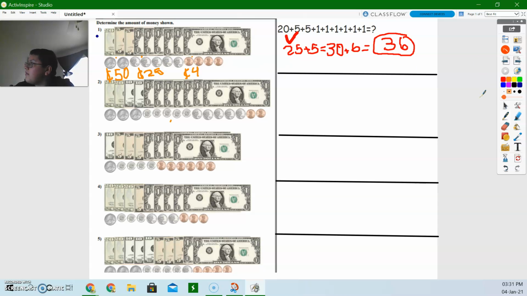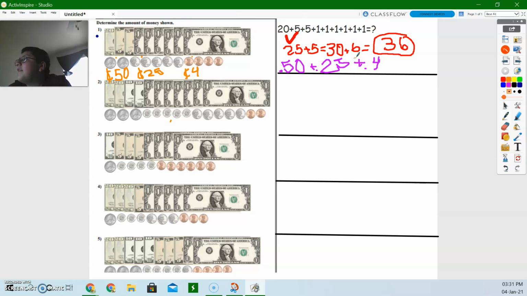So we're going to add all of those. Let me change colors. So we're going to add 50 cents with a decimal point, plus 25 cents with a decimal point. Then we're going to add 4 cents with a decimal point on it.